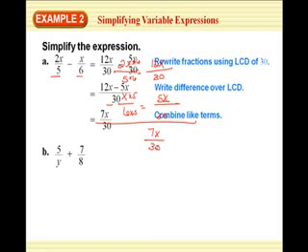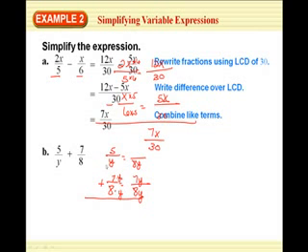There it is. Look at this. Ooh, they're trying to trick us. 5y plus 7/8, 5 over y. Now, how are you going to get a common denominator for 8 and y? Remember, one way to get common denominators is to just multiply the two together. So the common denominator for 8 and y will be 8y. What do you have to take times 8 to get 8y? You take times y. So we take this times y, it would be 7y.